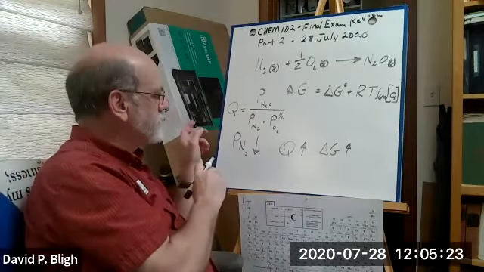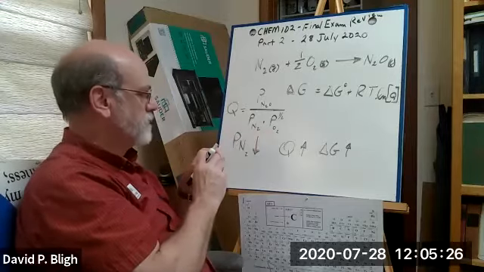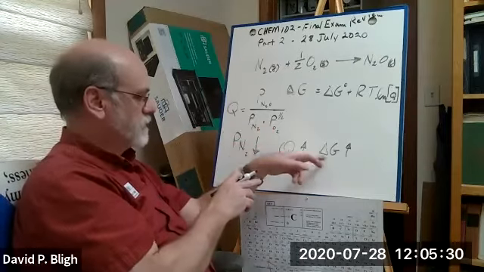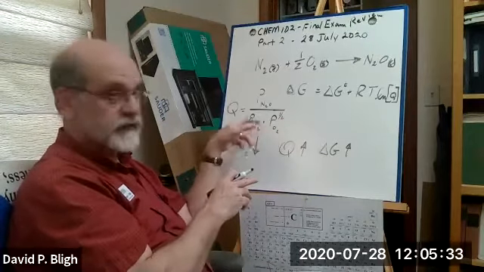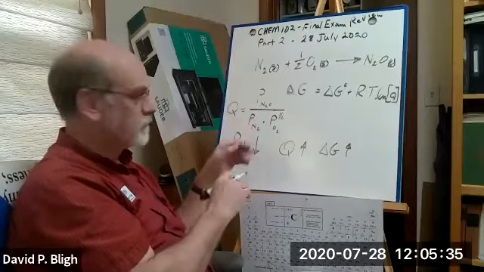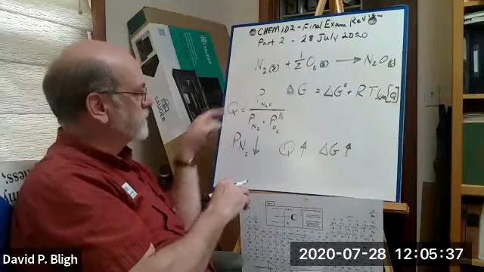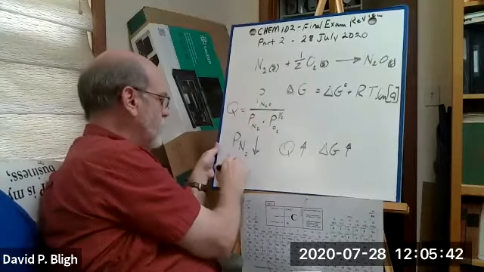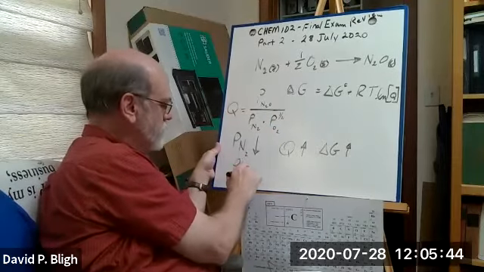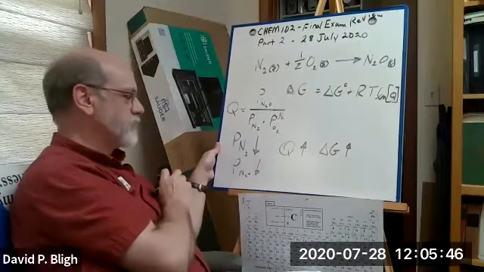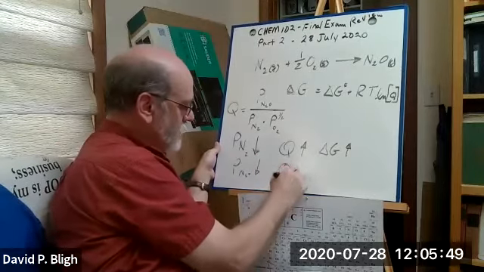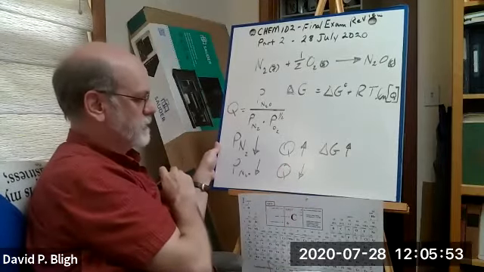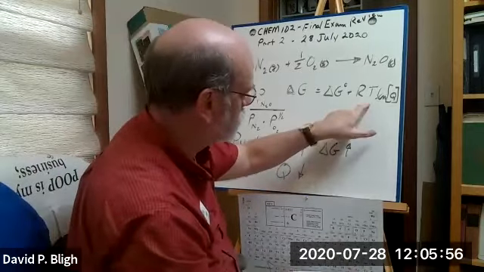What if we decrease this one? Same thing's going to happen. If we decrease this one, we're going to get the same result, right? Because it's in the denominator. It makes Q bigger. Now let's decrease this one. If we decrease that one, it makes Q smaller. So if we decrease the partial pressure of that one, then Q gets smaller, and it makes this term smaller.